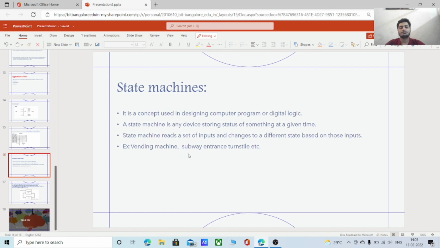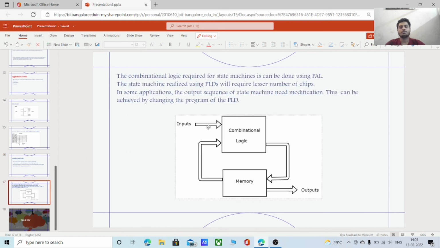A vending machine and a subway entrance turnstile are some examples of state machines. We can see here the sample diagram of a state machine. It receives inputs and passes them through combinational logic and stores them in memory, and we get the output through memory.